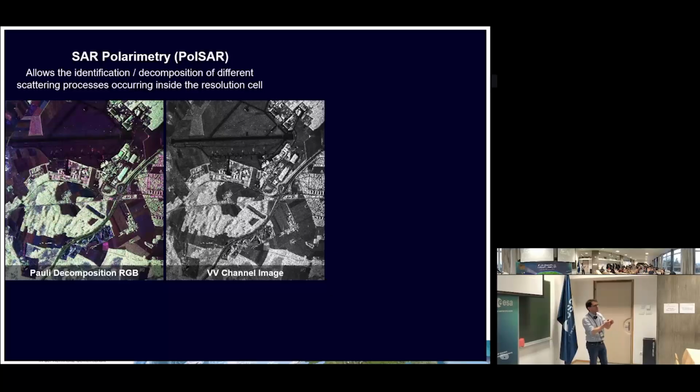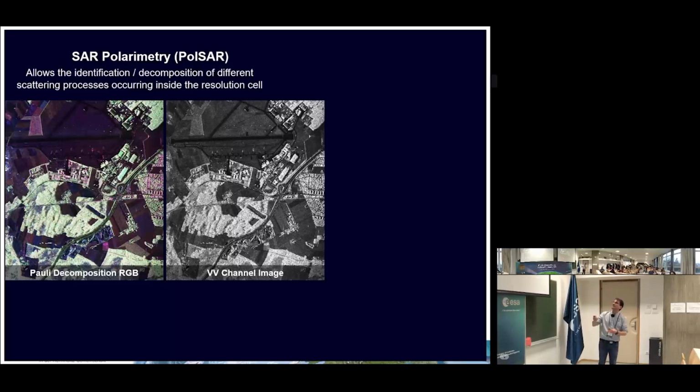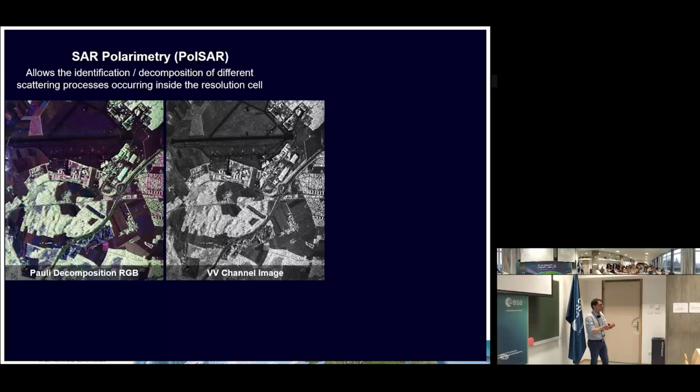You transmit 2 channels, you receive 2 channels, you make the combinations, and you have in total, for every location on the ground, 4 numbers. These are 4 complex numbers, so they have an amplitude, a brightness like this, but they also have a phase. And the fact that you have a phase, as you saw yesterday, allows you to start to separate different scattering mechanisms within the same resolution cell, within the same pixel.